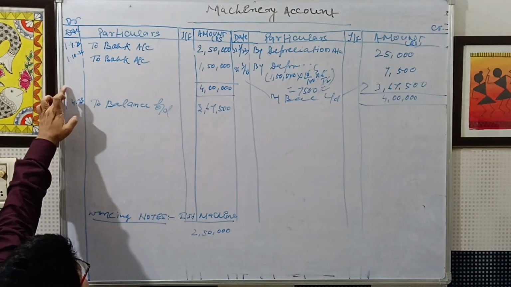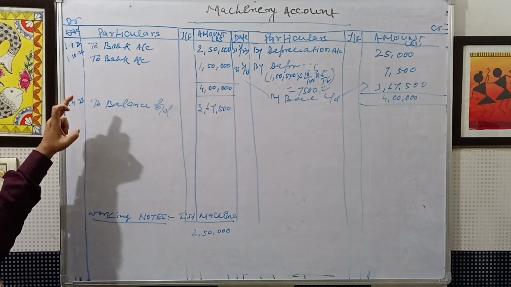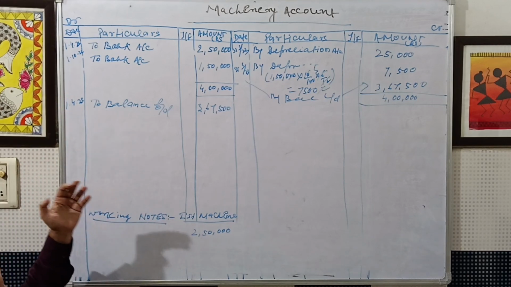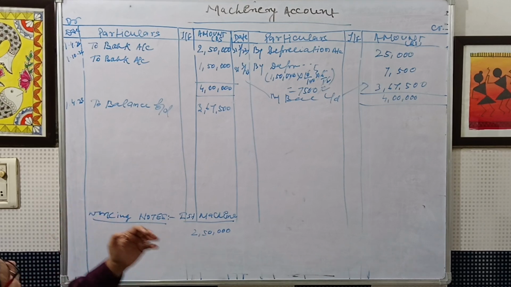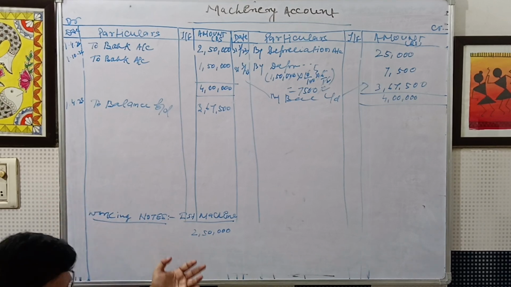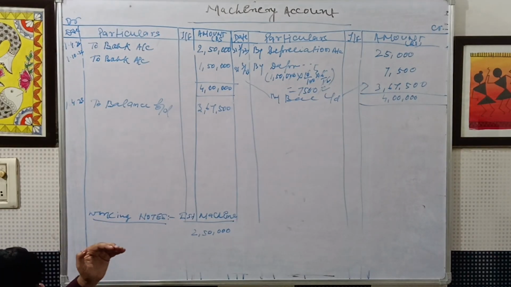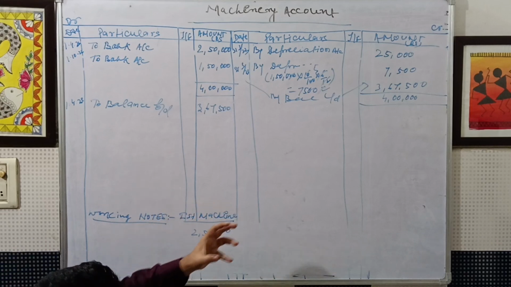Number one is the date and number two is the method. First you have to understand the date when you purchase and sell, and second, in which method.